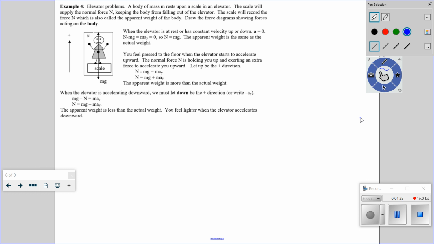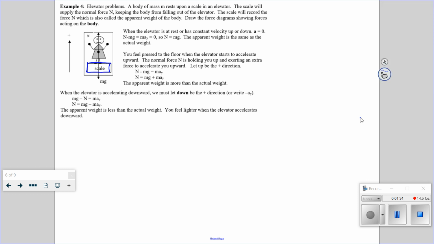Okay, so we're imagining that there's a scale underneath this person, and we don't have a cool enough elevator to try this ourselves, but you can try it at home. You can stand on the scale, and you might think that it measures your weight in gravity, but it doesn't. It tells you your weight. It figures it out by measuring the normal force.